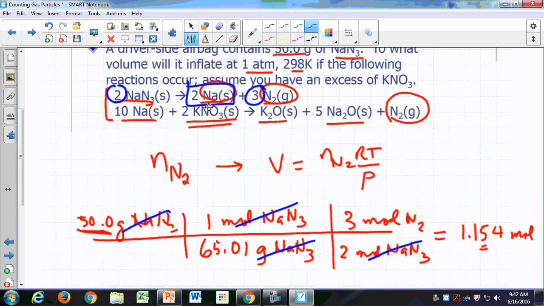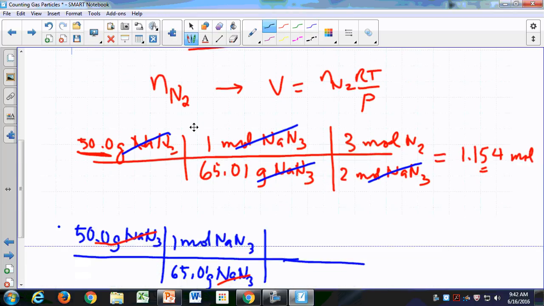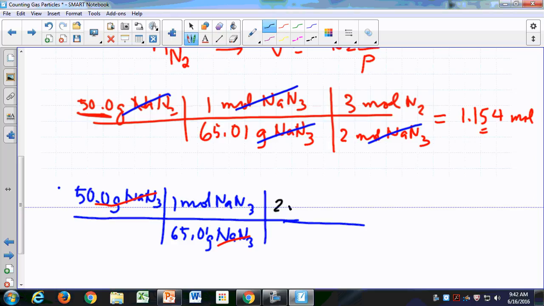So according to this, 2 moles of sodium for 2 moles of sodium azide. So times 2 moles of sodium for 2 moles of sodium azide. That cancels moles sodium azide. I now know my moles of sodium.